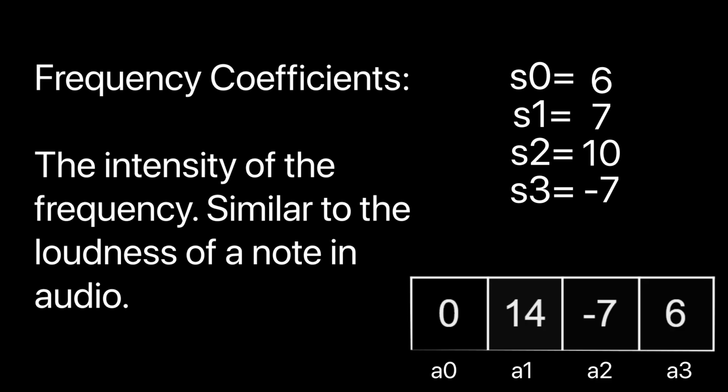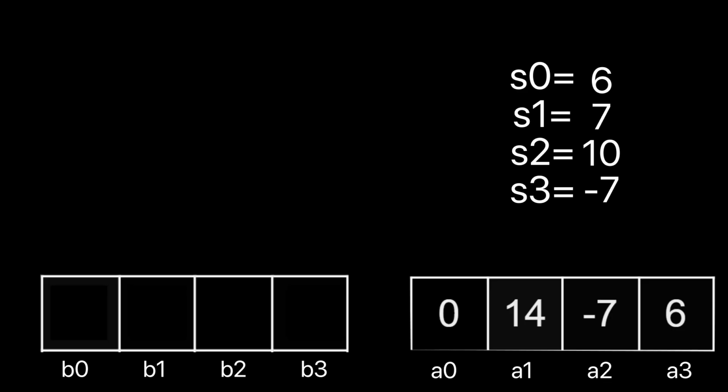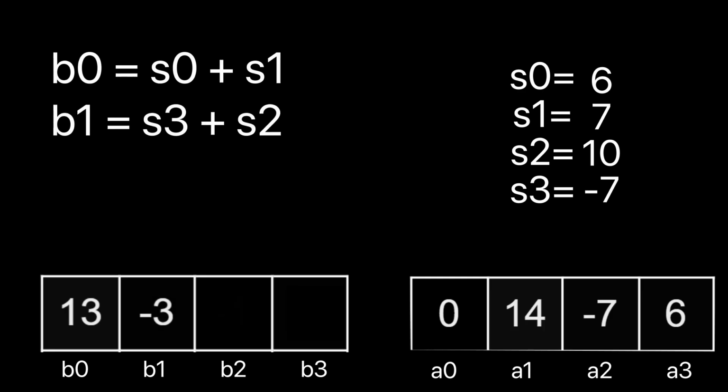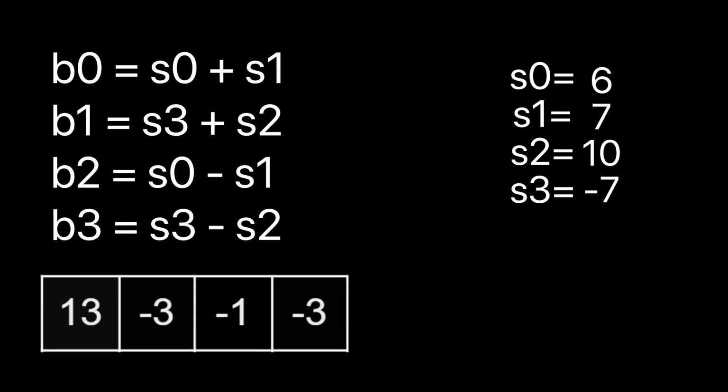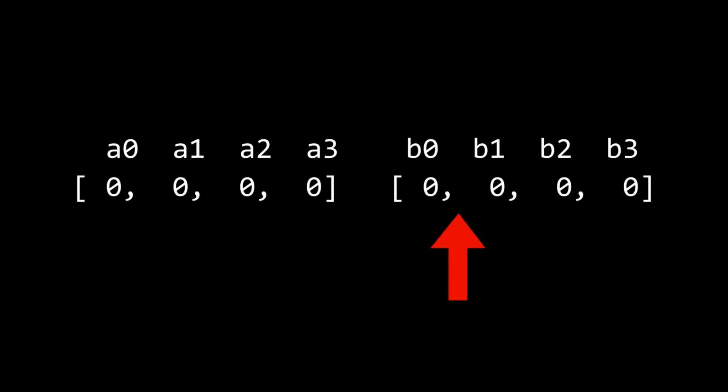Next, we'll find 4 frequency coefficients using a simple and reversible algorithm. Our 4 frequency coefficients are B0 equals S0 plus S1, B1 equals S3 plus S2, B2 equals S0 minus S1, and B3 equals S3 minus S2. Now, notice what happens to our frequency coefficients when we change the values of our row.